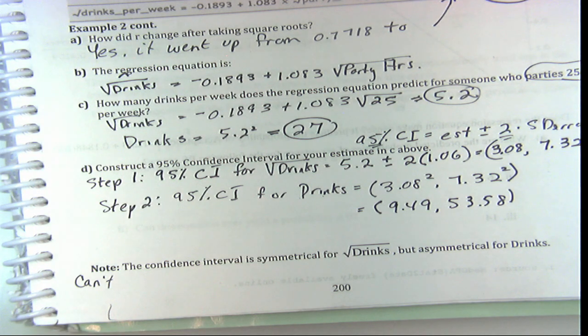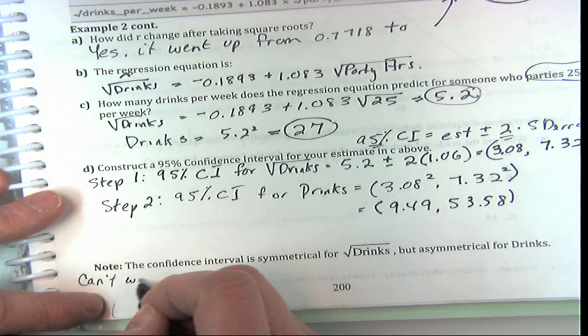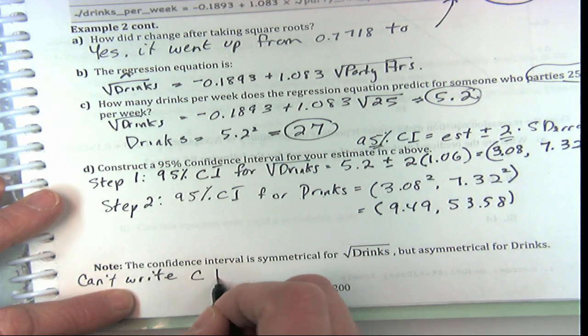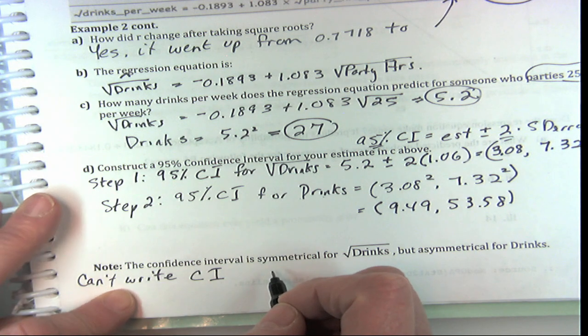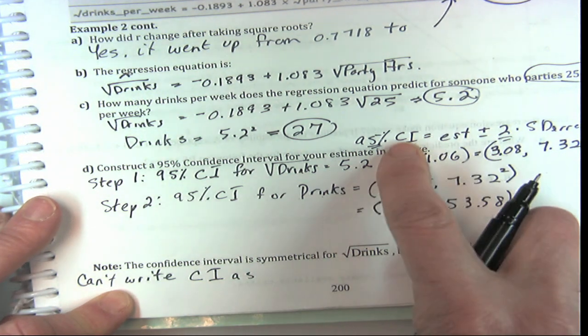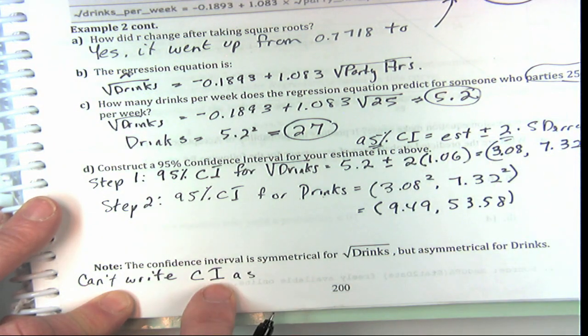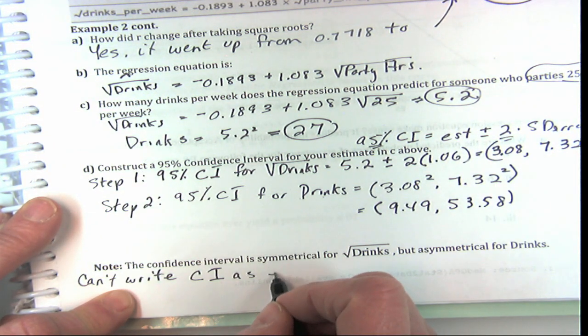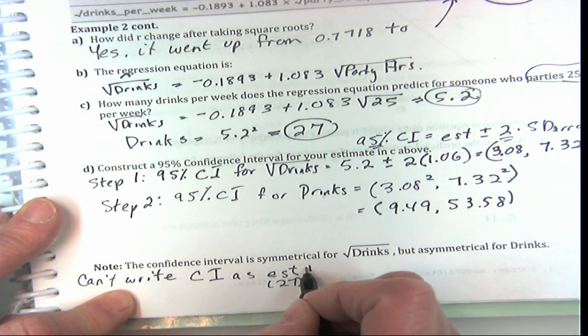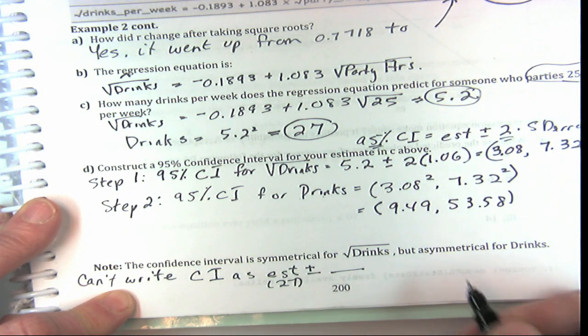So you can't write the confidence interval this way. You can't write it as our estimate, which would be 27, plus or minus anything.